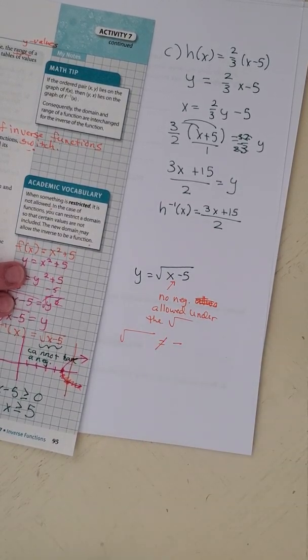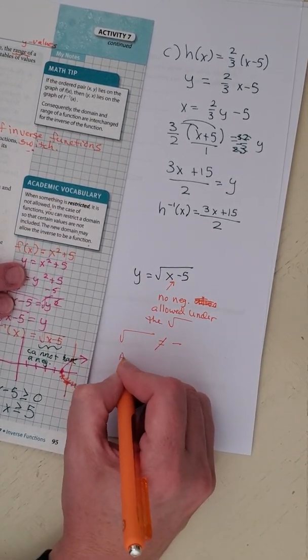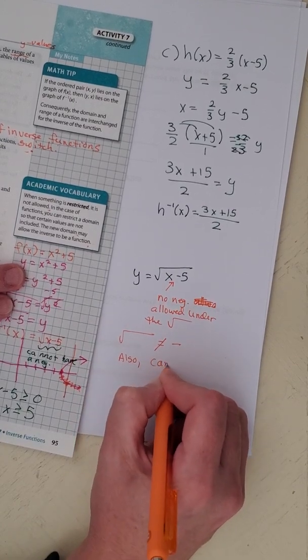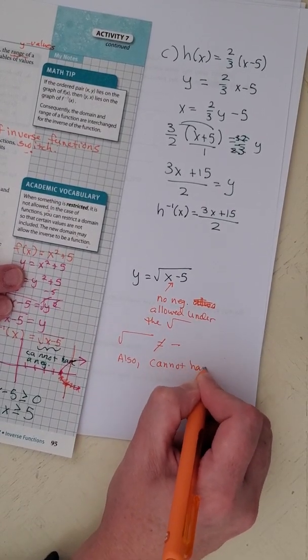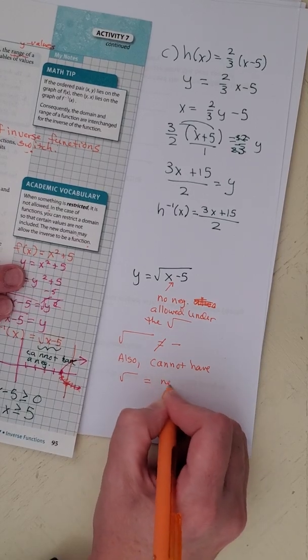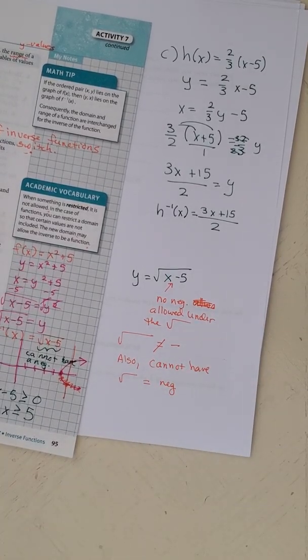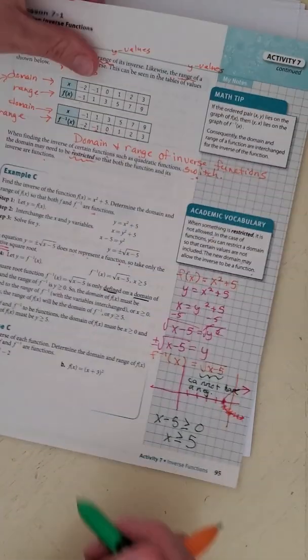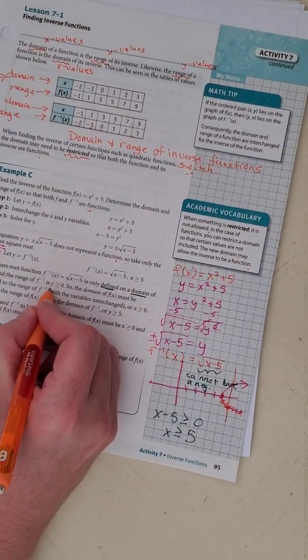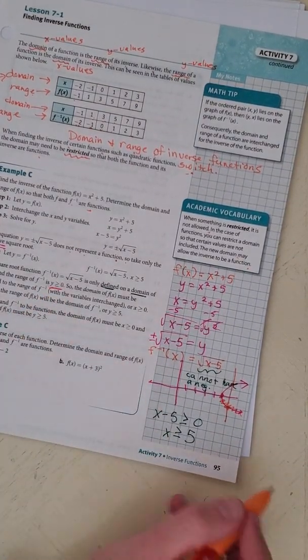So that is not going to happen either. Therefore they're saying that the range, the y value, must be greater than or equal to 0.